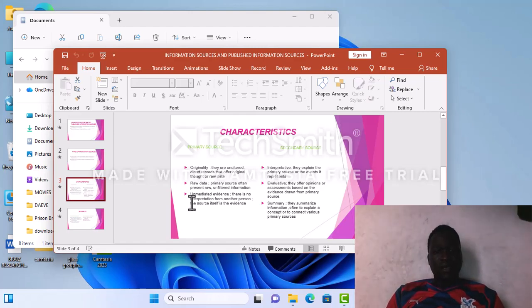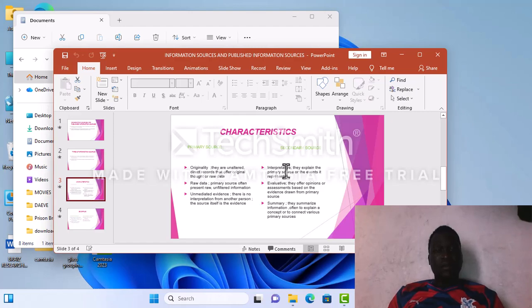Then unmediated evidence: there is no interpretation from another person. The source itself is the evidence. You cannot refer to someone else; you get it direct from the source. Basically, those are the characteristics of primary sources.